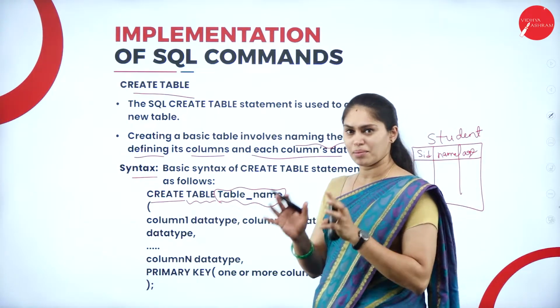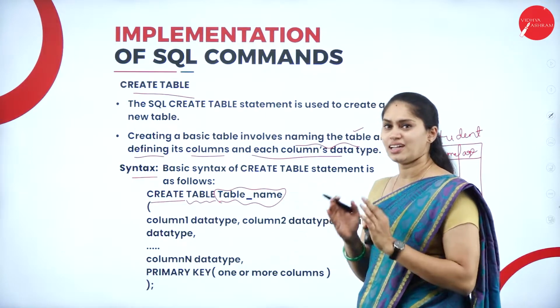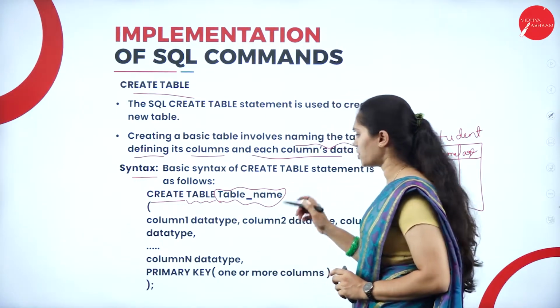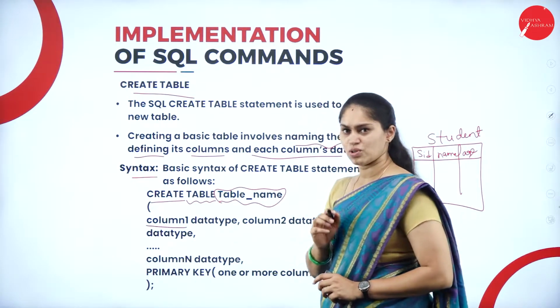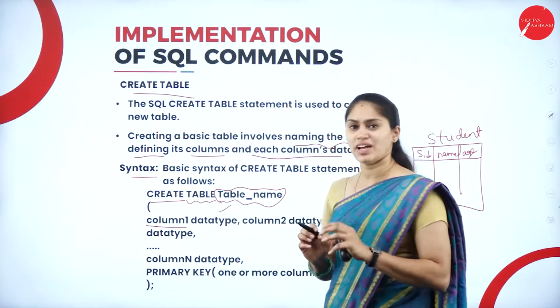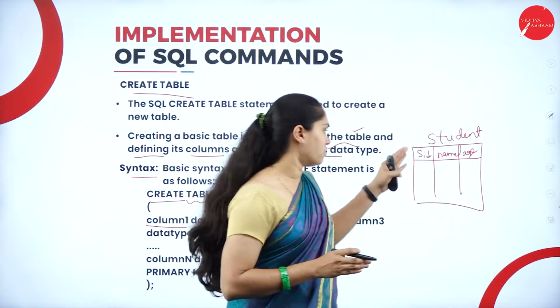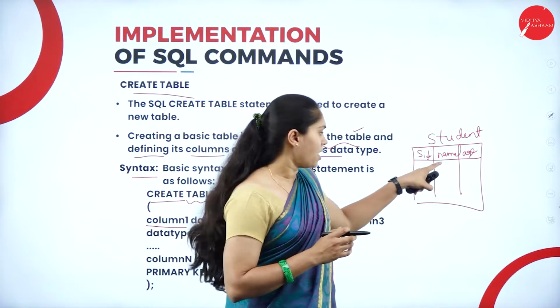We have given a name for the table. Then I have to create the attributes, that is, I have to create the columns. How are we going to do that? Open the parenthesis, then column 1. For that column 1, I have to specify its associated data type. If I write column 1 as student ID, then I specify its data type and then a comma.